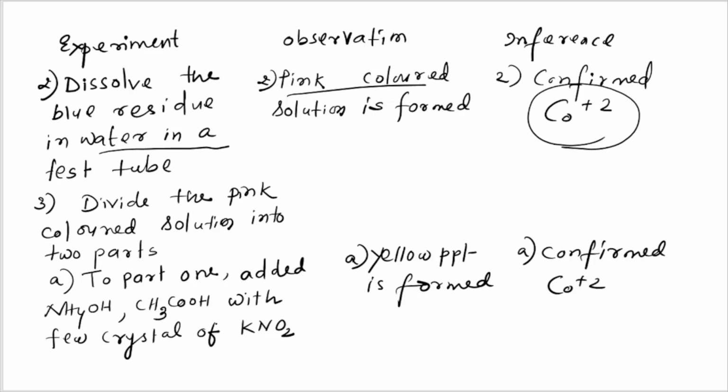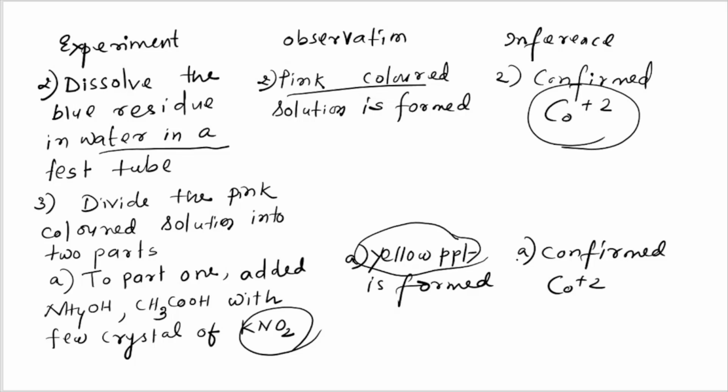To part 1 add ammonium hydroxide, acetic acid, with a few crystals of potassium nitrite. Remember, first add ammonium hydroxide, acetic acid, with a few crystals of KNO2, and it gives a yellow precipitate. The reaction you can find in your previous video.